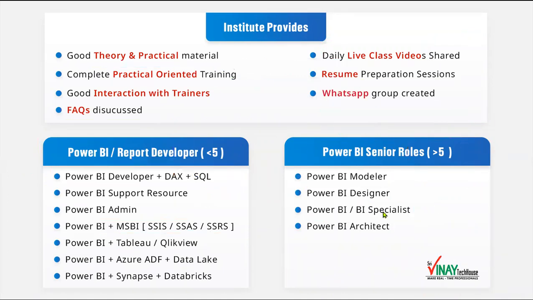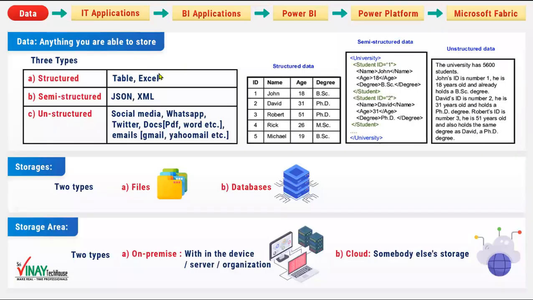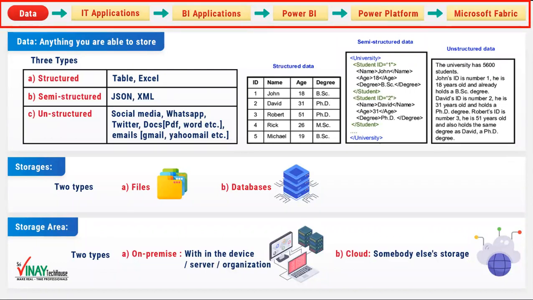And this is about our institute details, what we provide, how long we provide. I covered a demo where a detailed discussion was given on this. As part of it, I covered that we have 3 types of data in the market: structured data, semi-structured data, unstructured data.